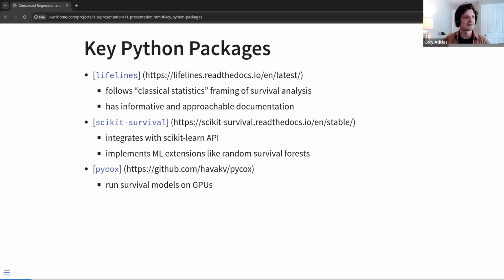Which isn't to say the documentation for all these packages is good, but the Lifelines one is the most approachable, I'd say. The other big package is Scikit Survival, which integrates with the scikit-learn API that we've been using a little bit throughout the exercises in the book.